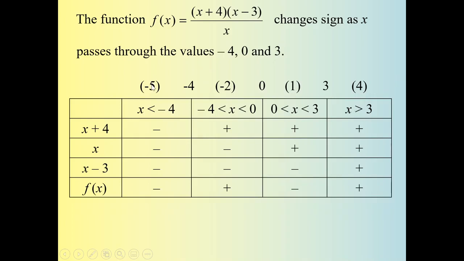By substituting -5 into all the factors, we will get the signs. For example, -5 + 4 equals -1, a negative sign there. -5 - 3, -8, is a negative sign there. Similarly, we can substitute all these numbers into all the factors.